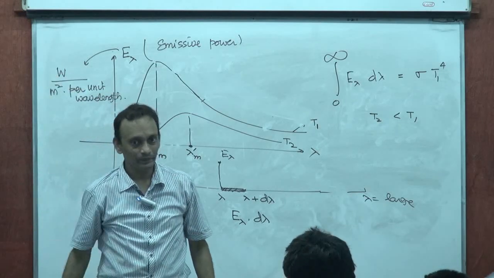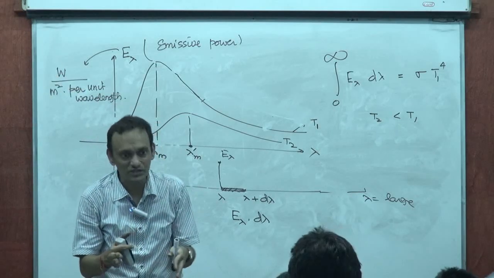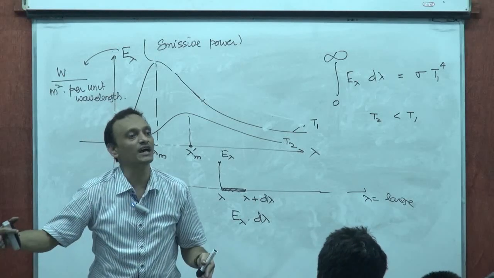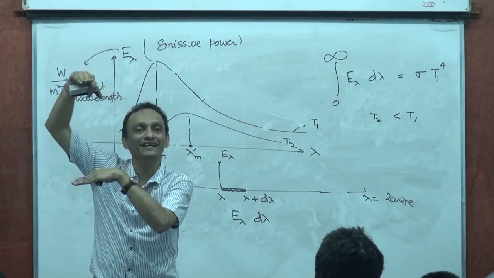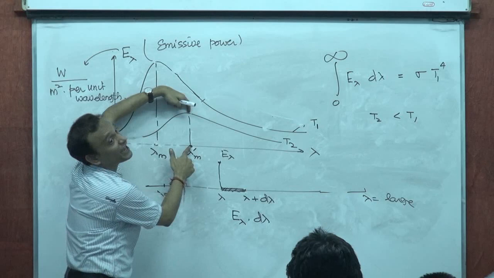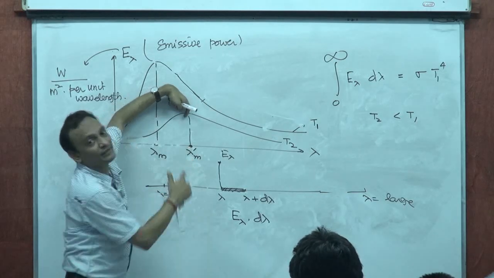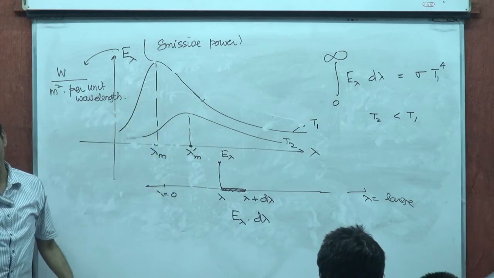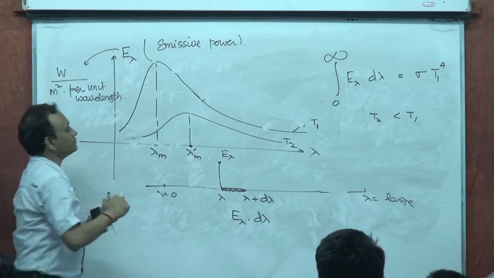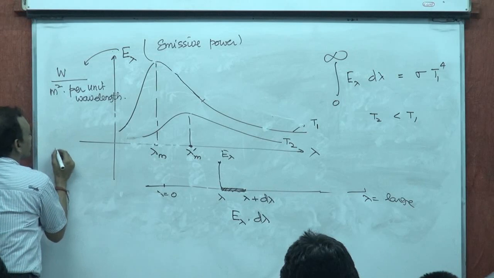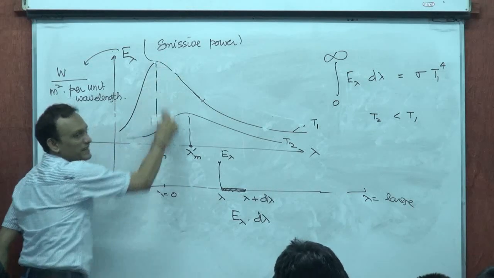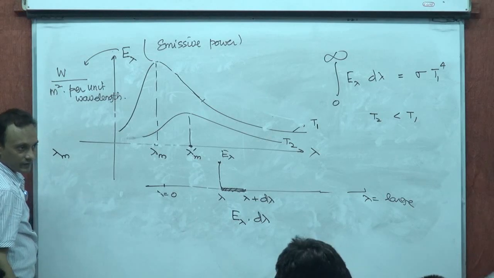At smaller temperatures, higher wavelengths are preferred for higher intensities. The maximum intensity is obtained at higher values of lambda for lower temperatures. In fact, lambda m is the wavelength at which the intensity peaks, right?